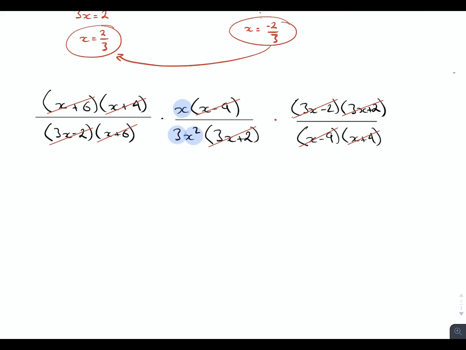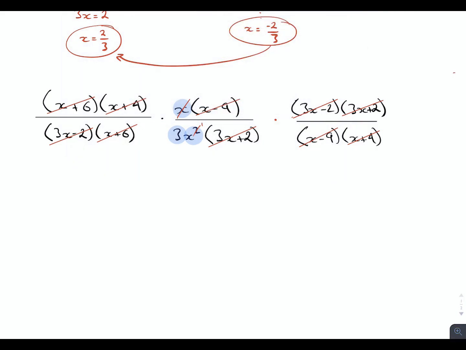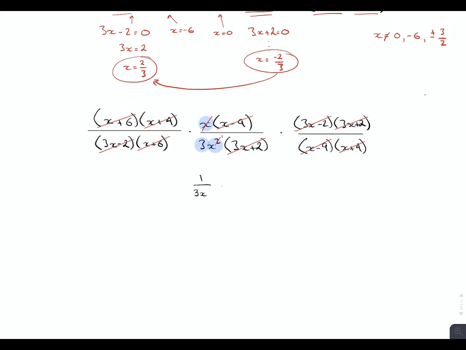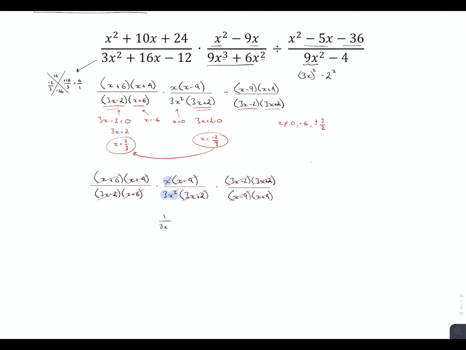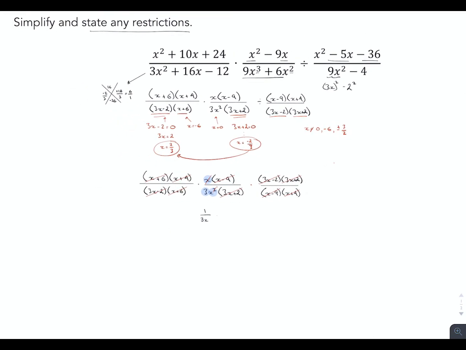And in fact, we can go even further because x and x squared just reduces that down to 1. And it looks like our final answer is going to be 1 over 3x. So there is your first question with any restrictions stated.